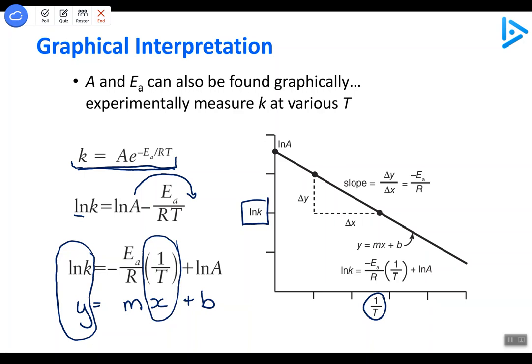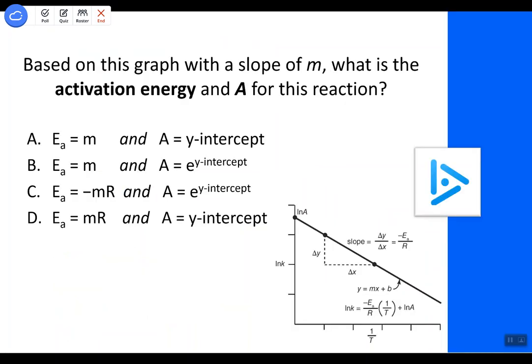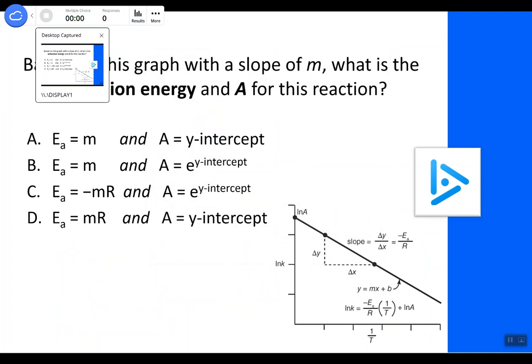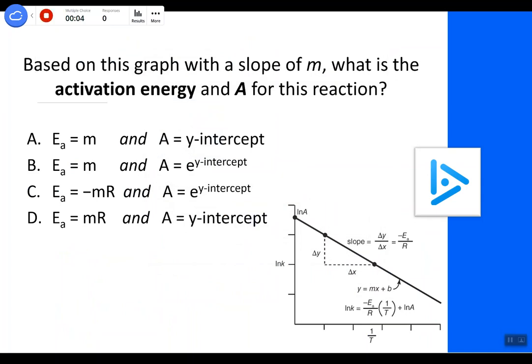Based on this, I would like you to finish interpreting this graph. Chat with the person beside you. Based on what we've assigned so far, what is the activation energy, and what is A for this reaction?